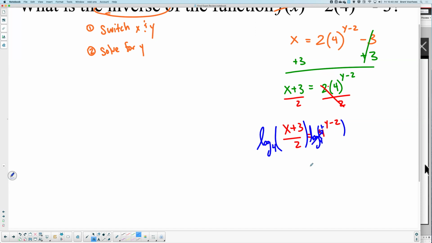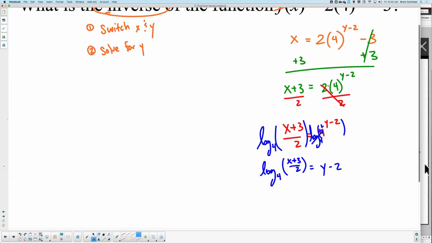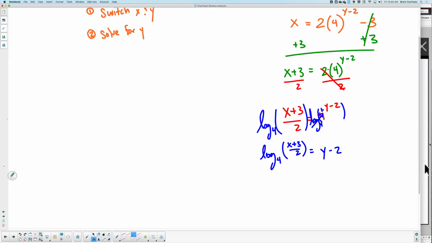And power property, those multiply. So that's going to be y minus 2 on this side. And so we're now at our last step. Our very last step says we will do what? What do we do to get y all isolated by itself? Add 2. You add 2.